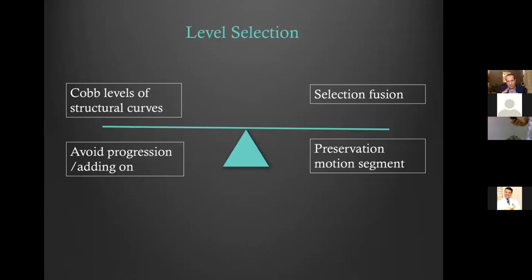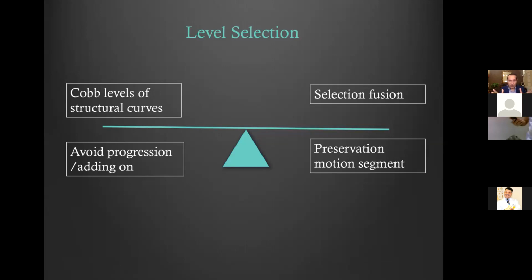After we determine every issue, in this example some surgeons will go to L1, and some will go to L2. Here is the balance. If you want to preserve motion, you go to L1. But if you are concerned about adding-on or want to avoid progression in the future, you go to L2.